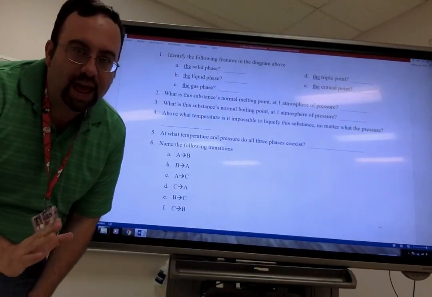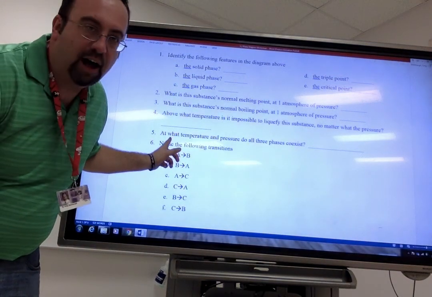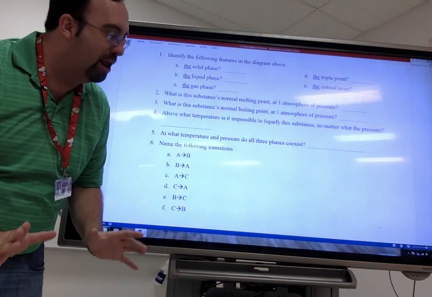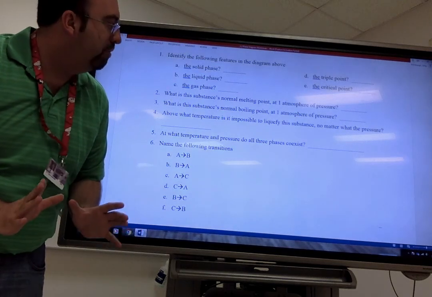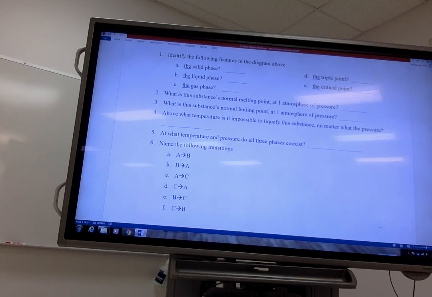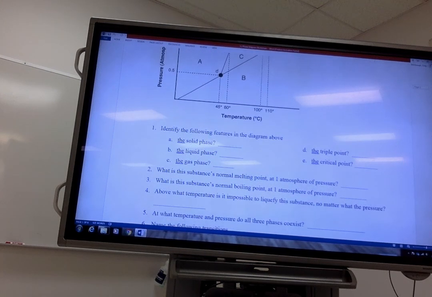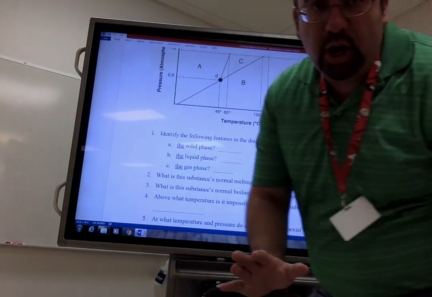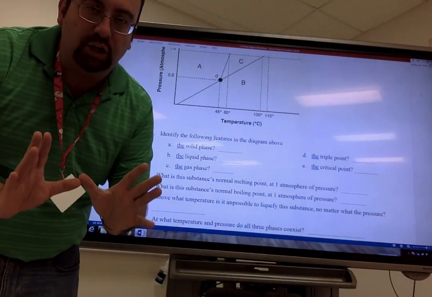All right. Next, we want to talk about, for 5, at what temperature and pressure do all 3 phases coexist? And so let's go back up here to our graph. And so remember, where they exist is going to be what we refer to as the triple point.